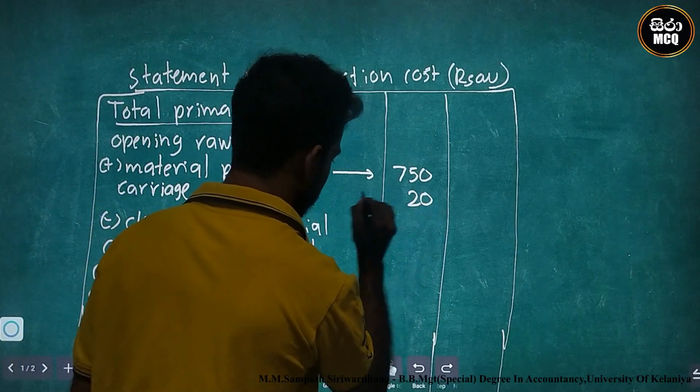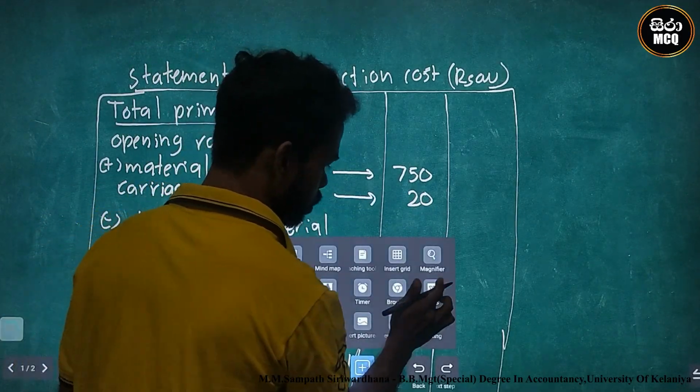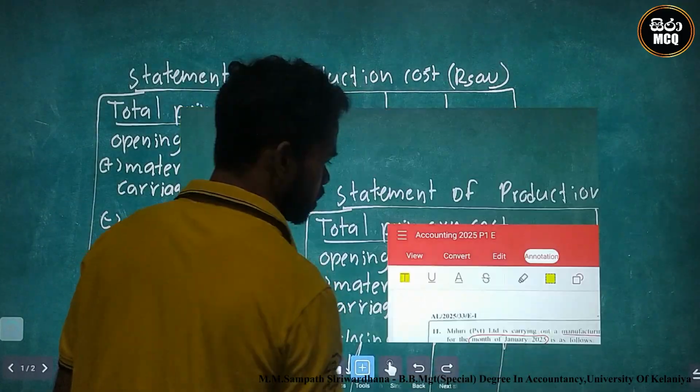Let me correct this spelling: carriage. Carriage inward cost is 20, and 20 must be added. Let's see the question. Next one.